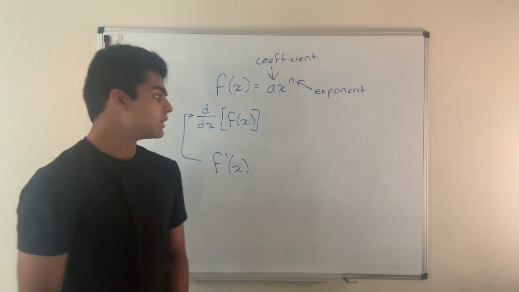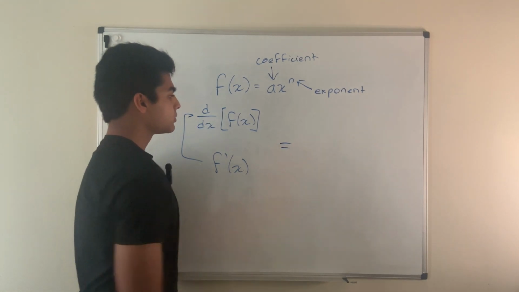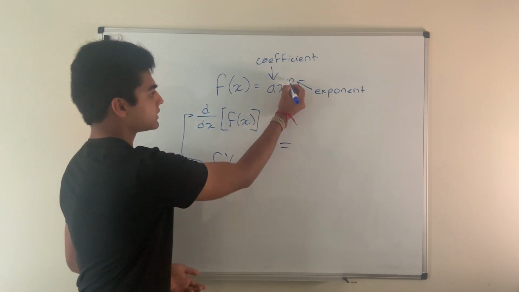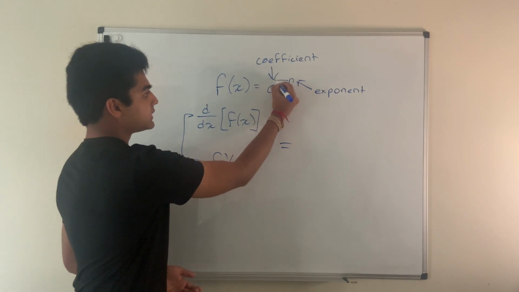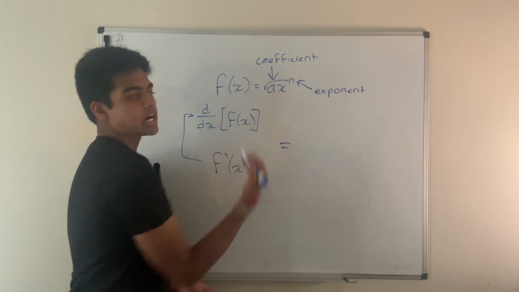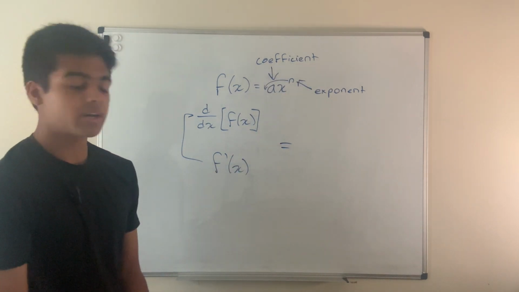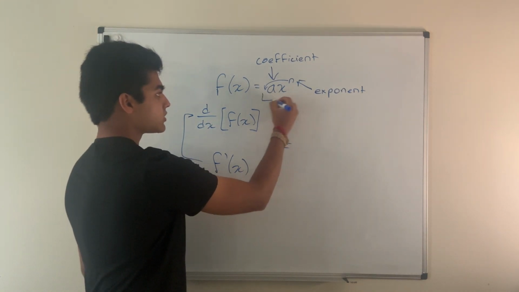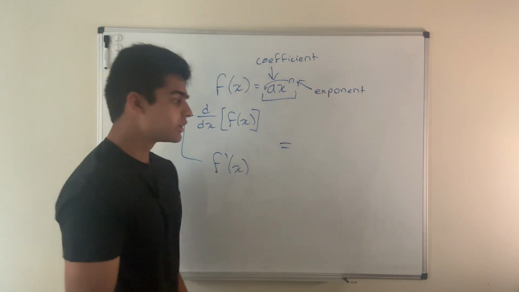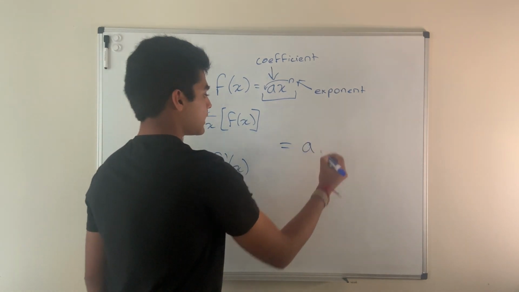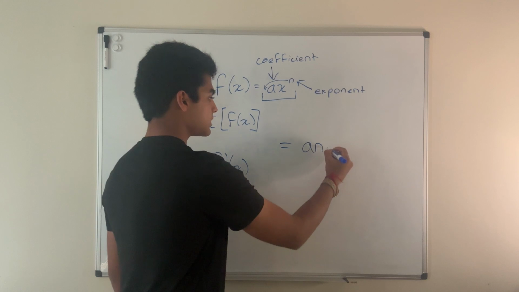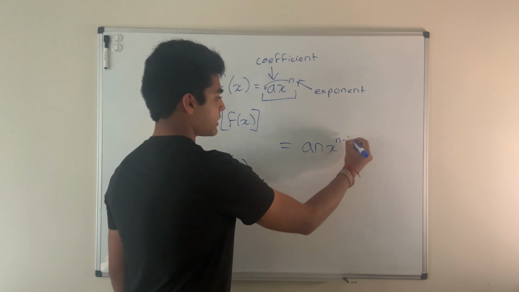So anyways, in this case, what we do in the power rule is we basically just bring this exponent down and then subtract 1 from it. What do I mean by that? The derivative of this function right here would literally just be a times n times x to the n minus 1.